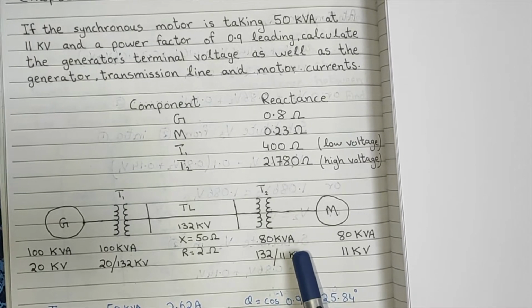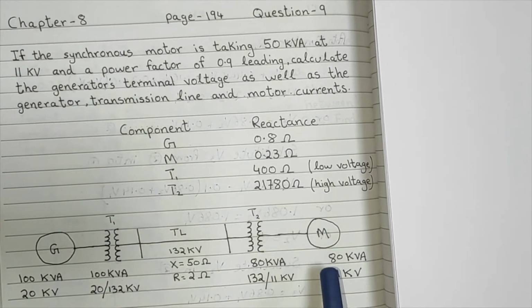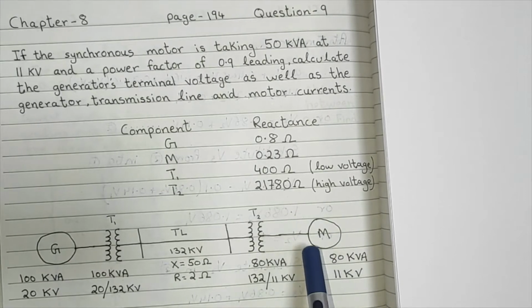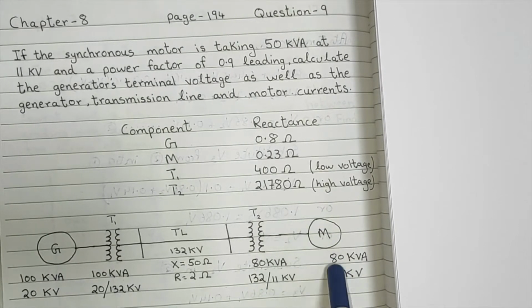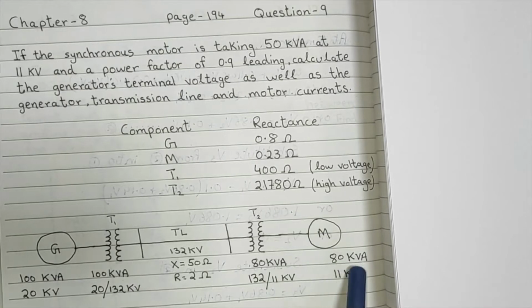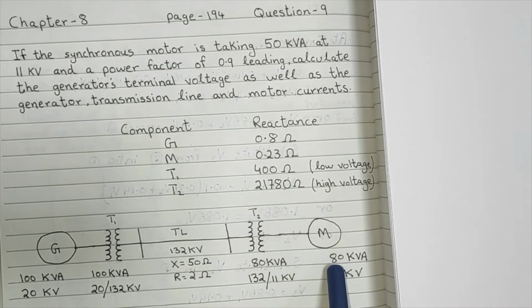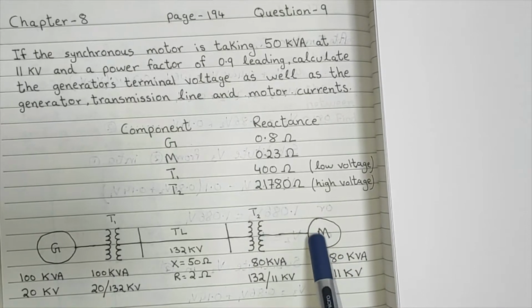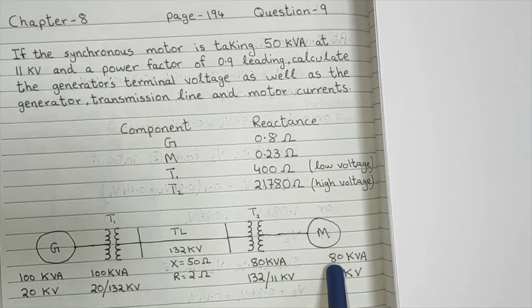Remember, whenever there is more than one piece of information given to you about a unit in the question, you have to be careful that the rating, this value of apparent power, is actually the rated apparent power, which means this is the apparent power the motor was designed to work on.